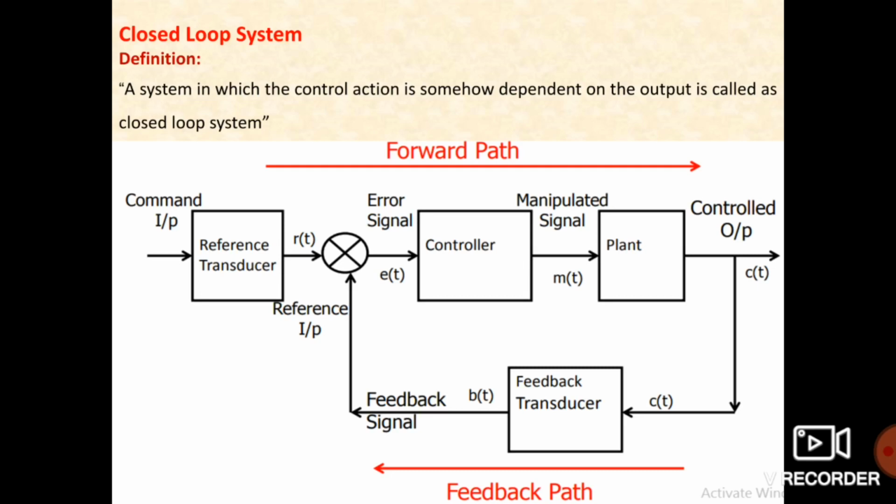Here in the closed loop control system, we have a reference transducer and the round symbol, known as a summing point in our control system. We'll see it later. And then we have a feedback transducer.